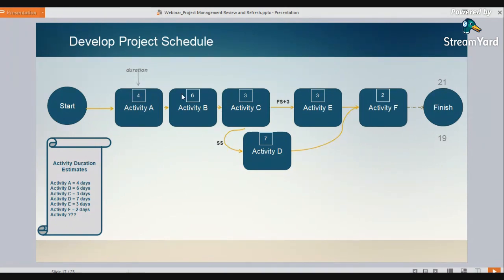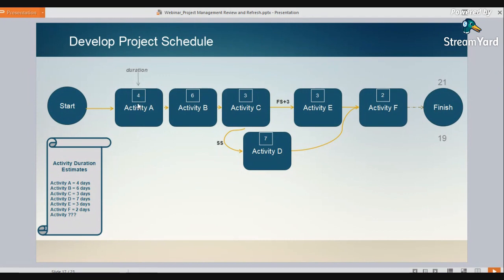If we count up the days on each path, we could see that going along this top path, A, B, C, E, F, is 21 days. Adding up the durations plus this 3-day lag adds up to 21 days. If we go by the path through D, it's 19.